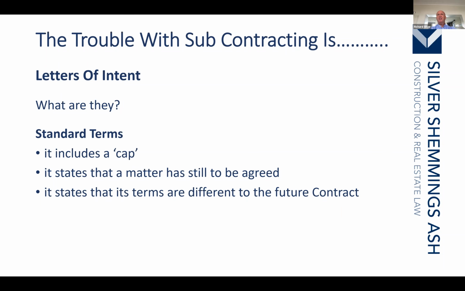What it then quite often says later down the form is that we shall seek to place the relevant contract in place and it shall have retrospective effect. In other words, all the works that have been carried out under the letter of intent will ultimately be undertaken under the contract once the contract is in place.